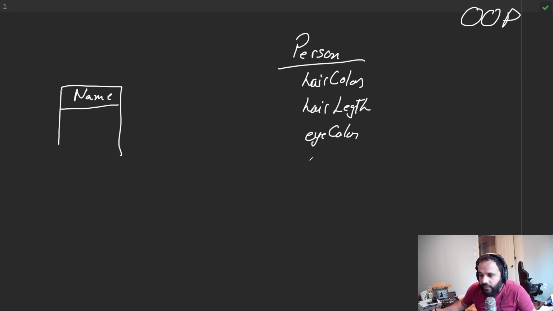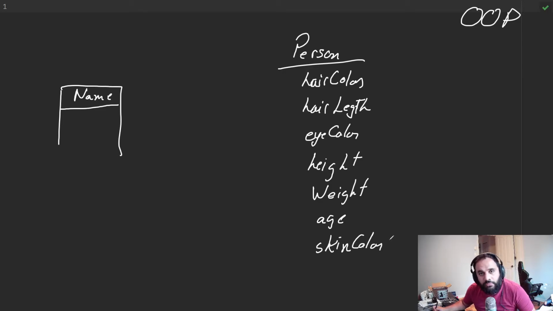We have, I don't know, let's say, do you have a mustache or a beard, etc. Let's say some other stuff: the height of a person, the weight of a person, the age of a person, the skin color. Some people can get tan, some people can't. All of these would be considered attributes.